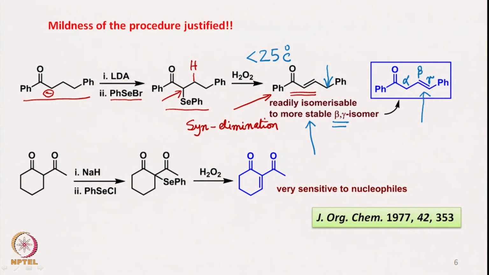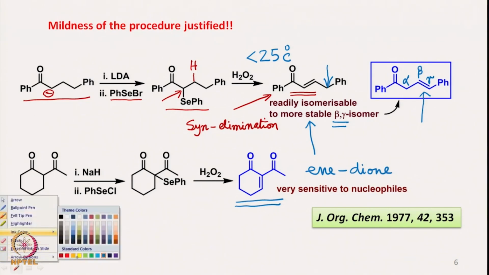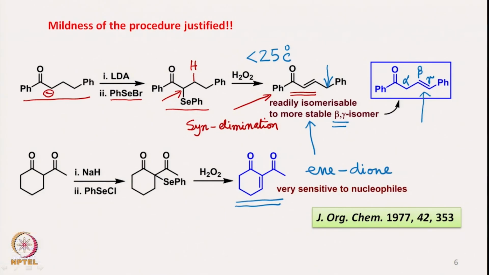Now, another substrate which is very interesting is this enedione. Now, this enedione, as one can see easily, can undergo very easy attack by a nucleophile onto this particular carbon atom, mainly because there are two electron withdrawing groups which are present and they are in conjugation with one double bond.